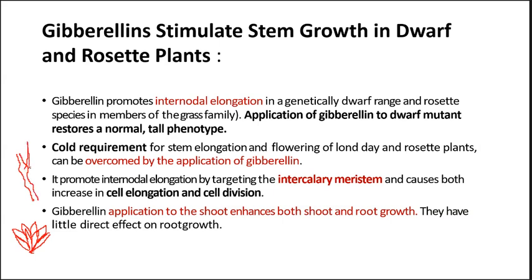From the swelling region the branches and the fruits and the leaves come out. That swelled region is known as node, and the intermediate region between two nodes is known as internode.